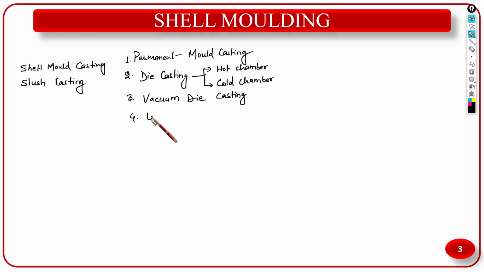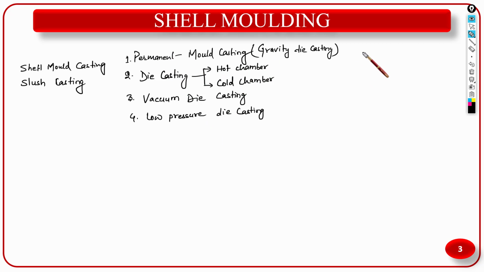Then there is low pressure die casting. Actually, this has been developed because of some inconveniences in the earlier methods, like some demerits in the permanent mold casting, which is also known as gravity die casting. So these all come under the head die casting.